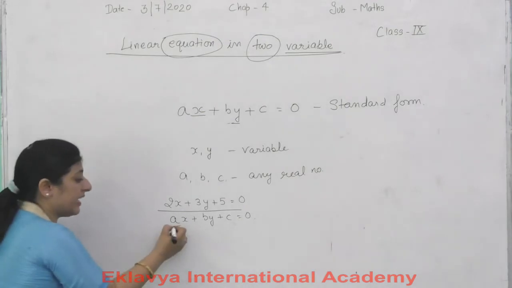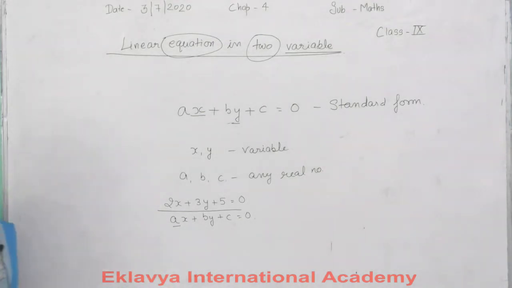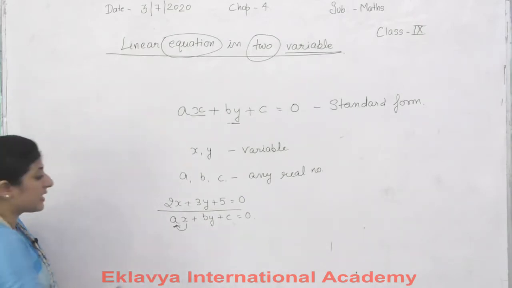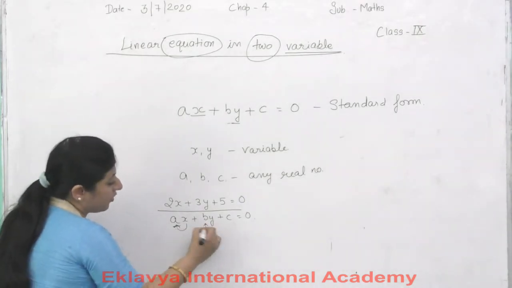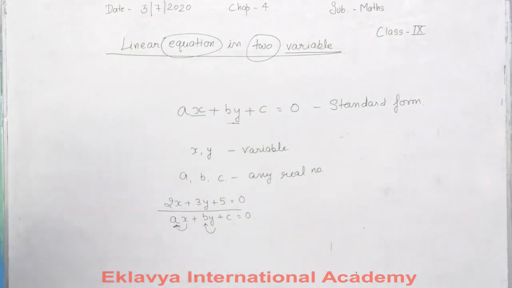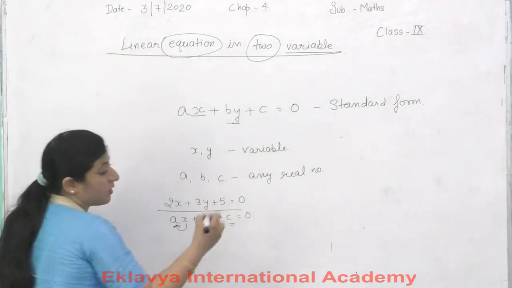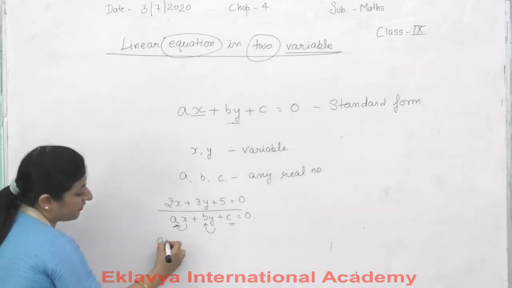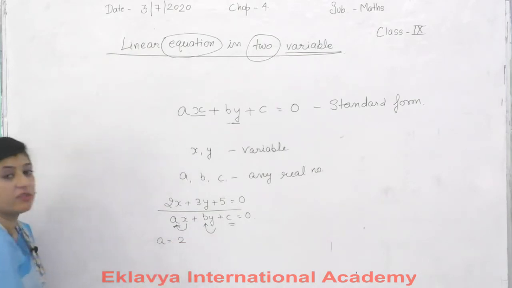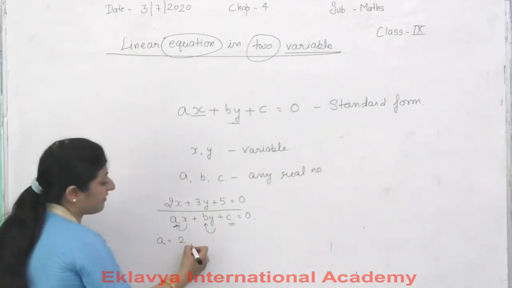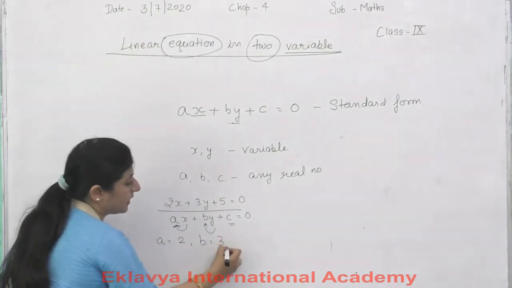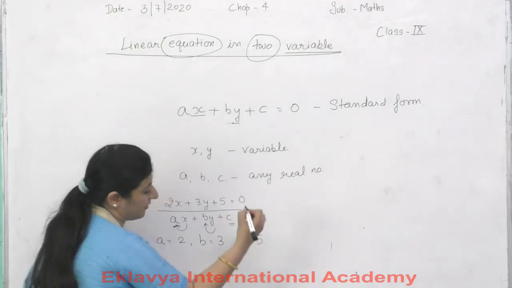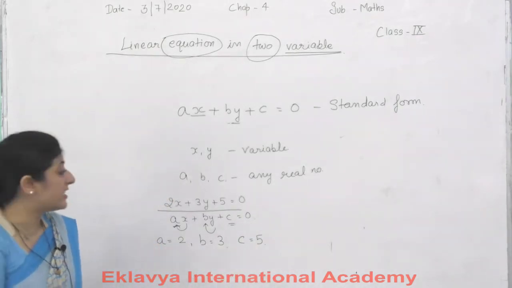What is a here? a is the coefficient of x. What is b here? b is the coefficient of y. And c is a constant term. To compare, find the value of a. What is the value of a? a is equal to 2. What is the value of b? b is equal to 3. The c value: c is equal to 5. It is a very easy example.